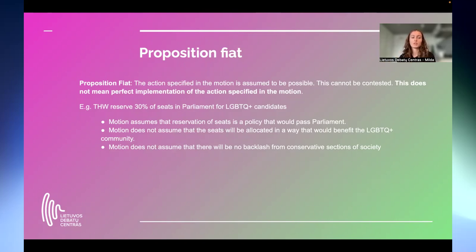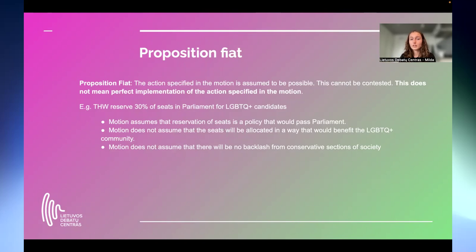Same as this motion, "this house would reserve 30% of seats in parliament for LGBTQ plus candidates." So here we assume that the reservation of seats is a policy that would actually pass parliament. We know that in many countries it probably wouldn't realistically, right? Because there's many people opposed to these things, but for the purpose of the debate, we assume that it would happen.